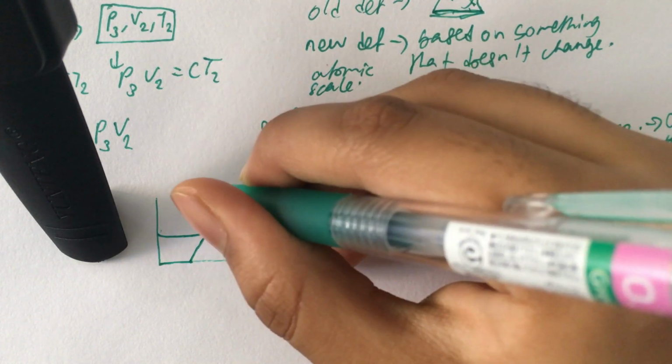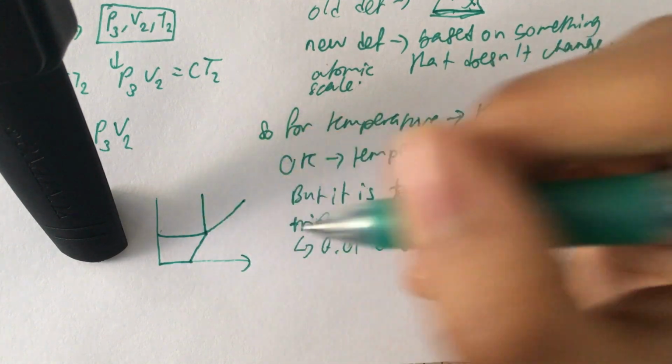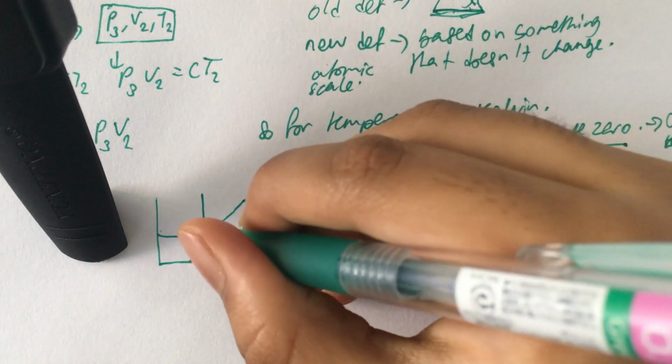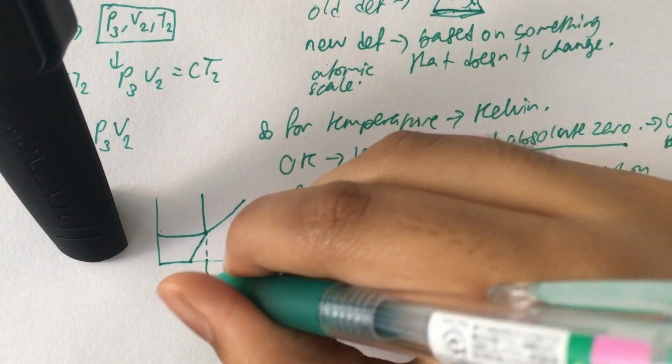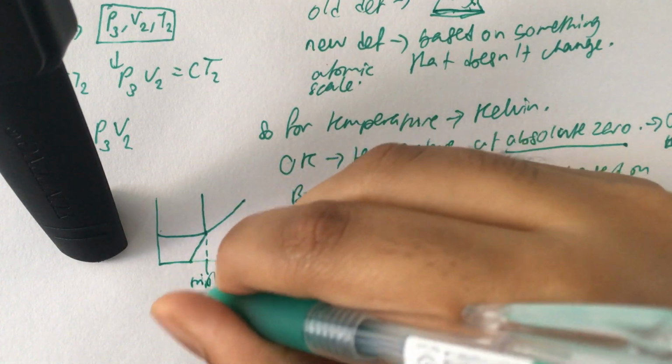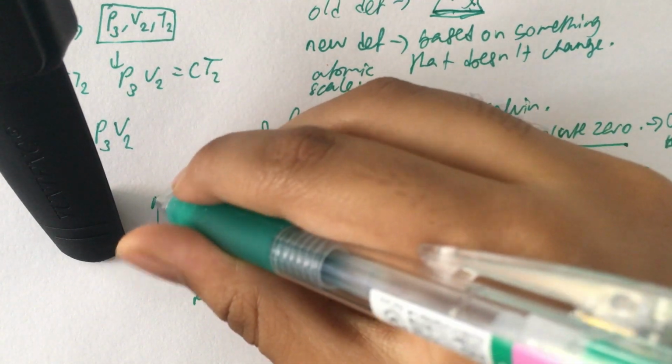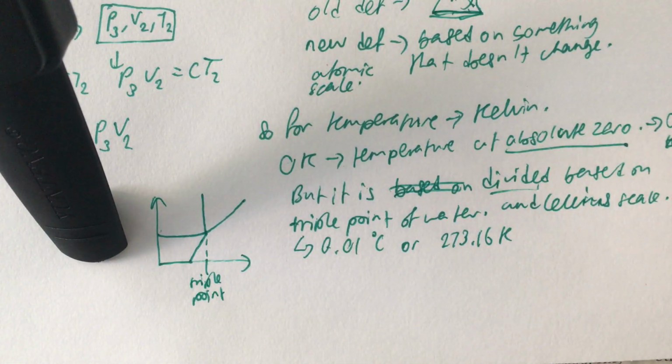So at the triple point it is 0.01 degrees Celsius, and that is 273.16 Kelvin.